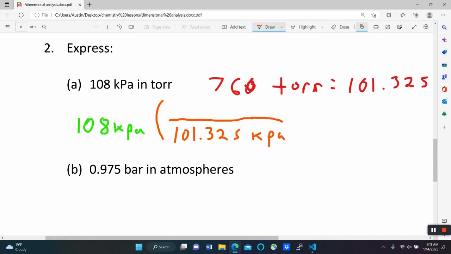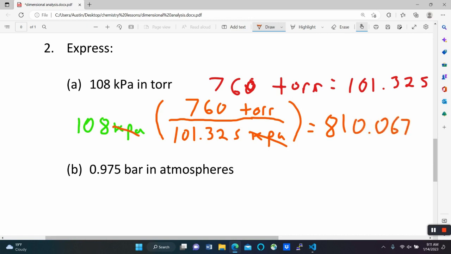And in our numerator should be the unit that we're trying to convert to, so 760 torr. So our units of pressure in kilopascals cancel out, and what we're left with is our solution, which turns out to be 810.067 torr.